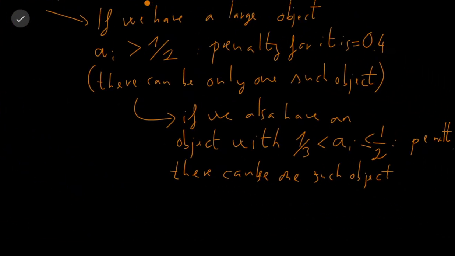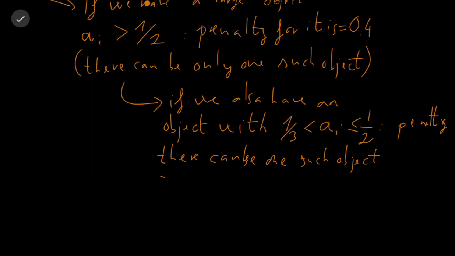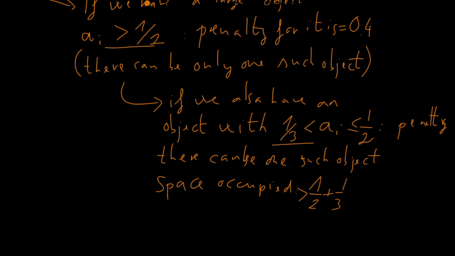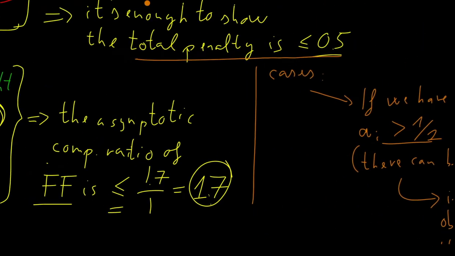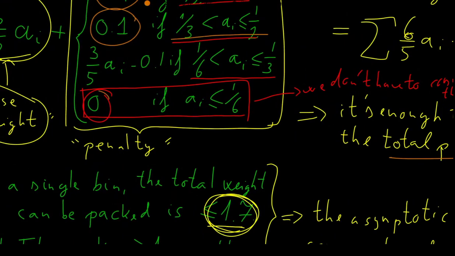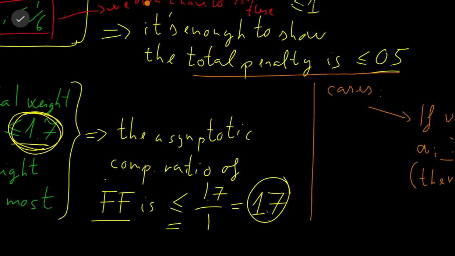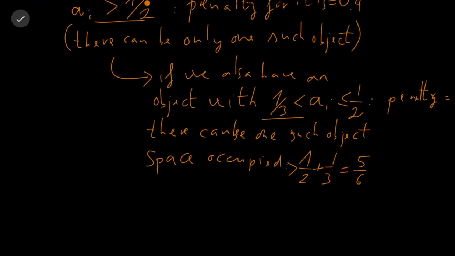Now the total space occupied by these two objects is already at least 1/2 plus 1/3, because that's the lower bound for these two objects, which is 5/6, which means that we can only have very small objects next to these guys, and these very small objects don't get any penalty, so only these two objects will have positive penalties.